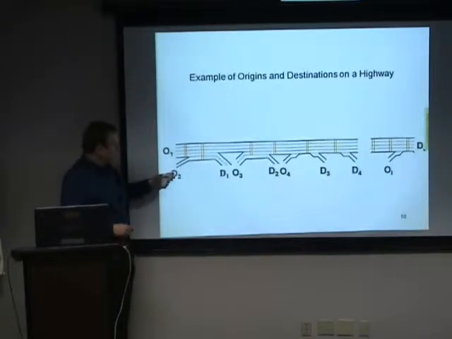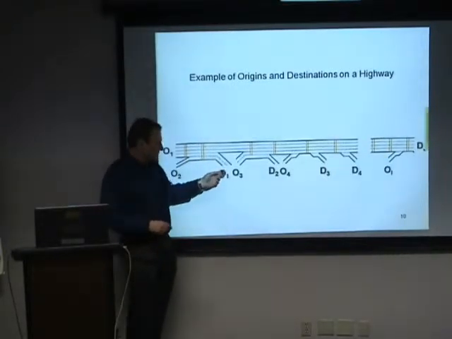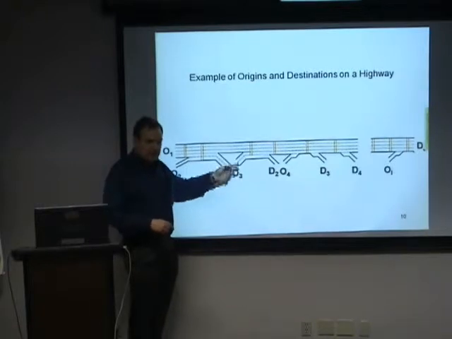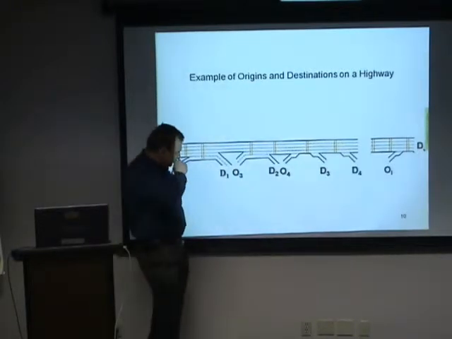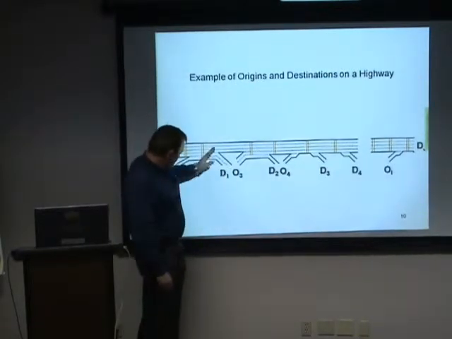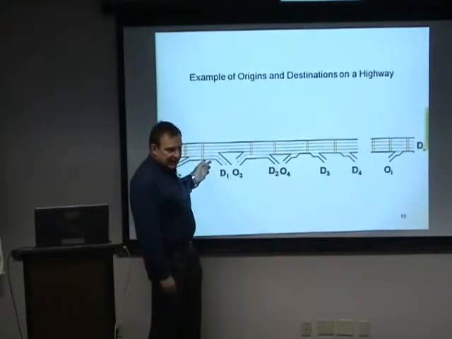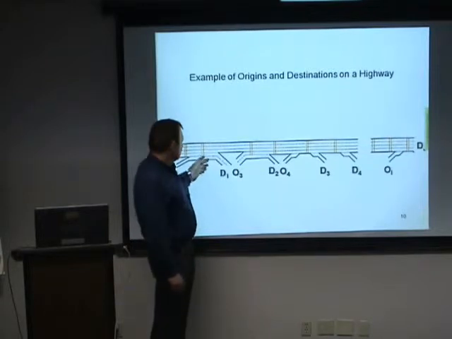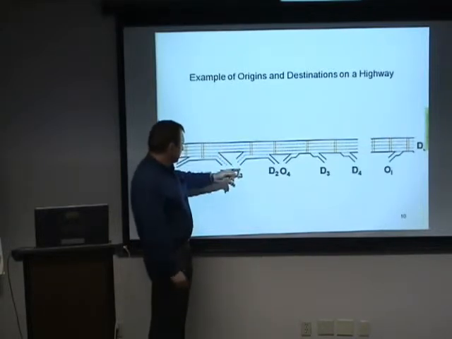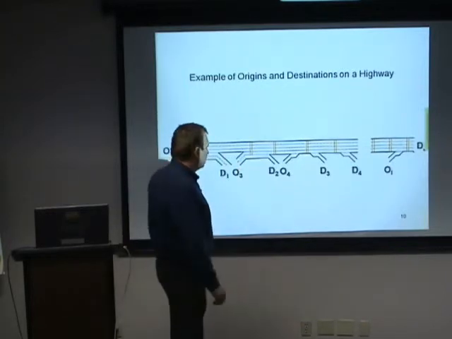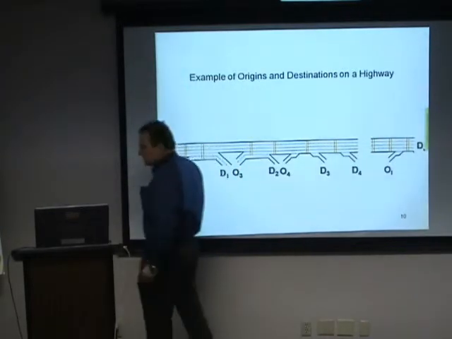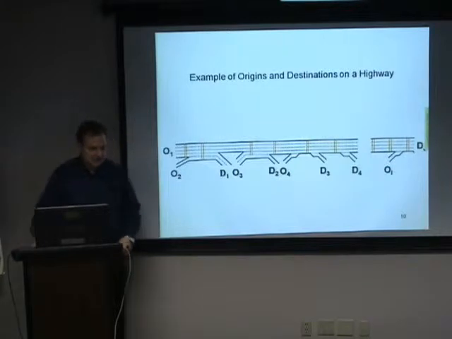You get the origins, how many people get on, and you try to figure out, without measuring, where people get off. You get counts along the highway, but the counts aren't exact. It's mathematically very similar to receptor modeling.